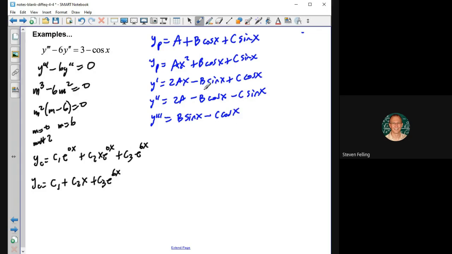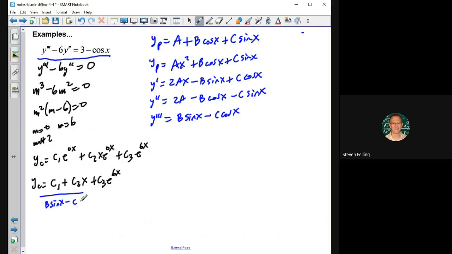All right. So now we're going to plug this all into this non-homogeneous differential equation. We have y triple prime, which is b sine x minus c cosine x.